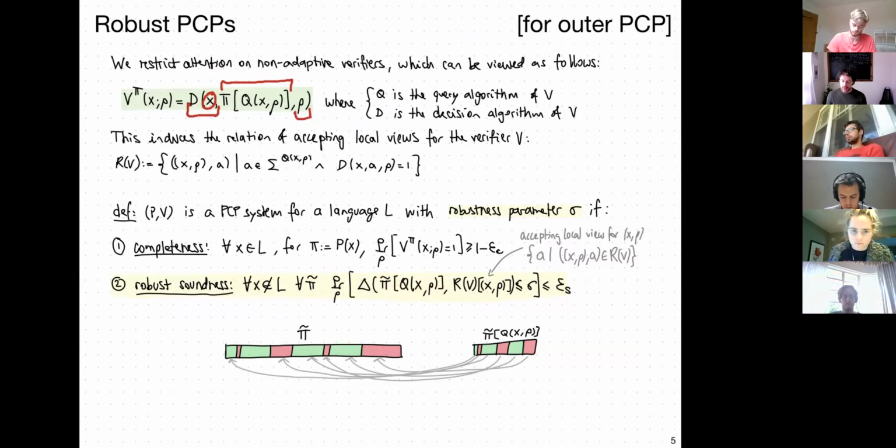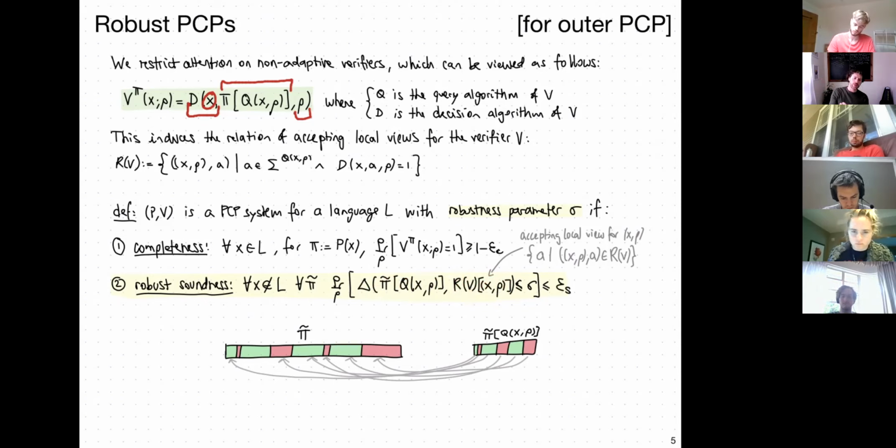So what do we do? We look at the distance of the local view of the proof from the set of all accepting proofs. We're saying that not only will the probability that we accept be tiny, but also the distance between the proof and the set of all accepting views would be large.